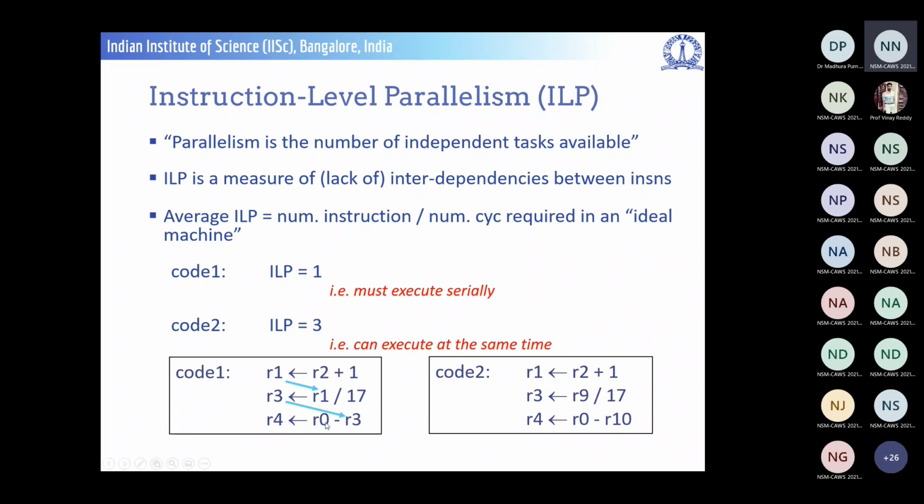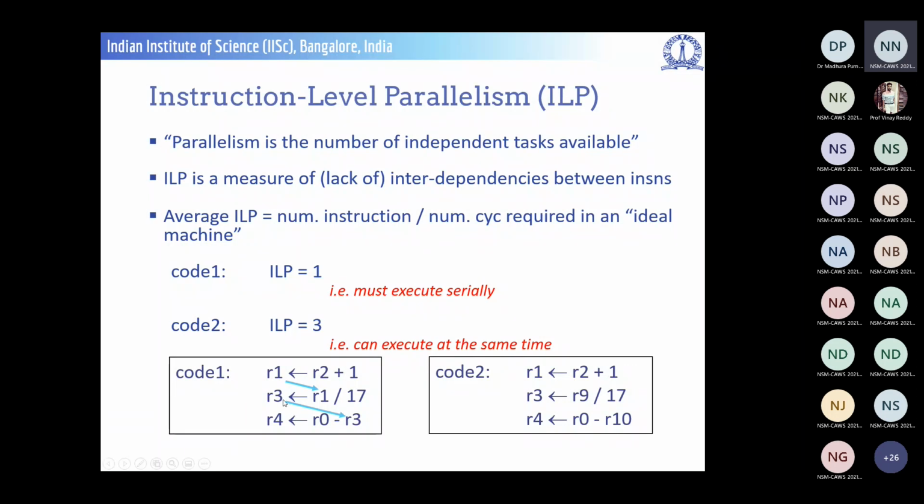Just an example: look at this pseudocode, or pseudo assembly, whatever you call it, in code snippet 1 and code snippet 2. Here we load into register R1 the value of R2 plus the integer 1.